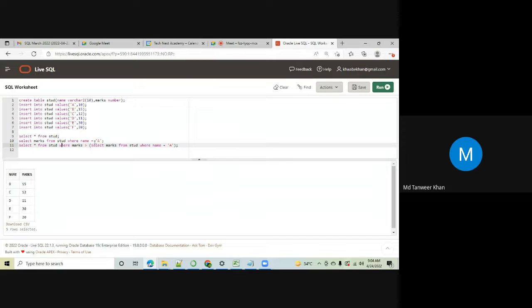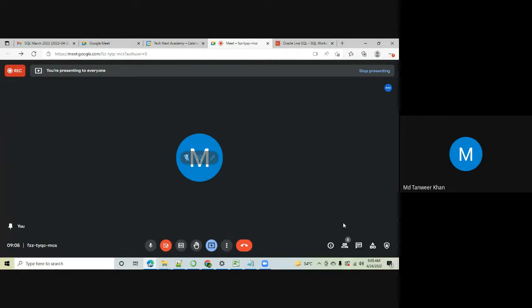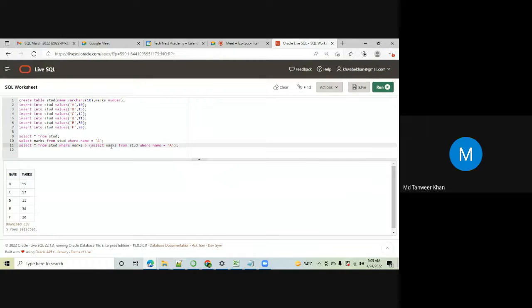So this was simple. But suppose the question is I want to fetch the details of those students whose marks are greater than the marks of A or B. Either greater than marks of A or greater than marks of B. So what you can do, one thing.